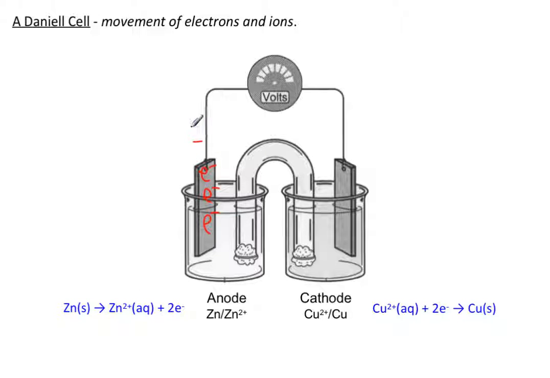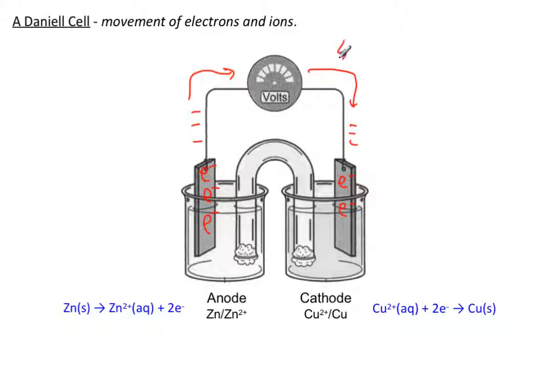And so they can then move through this conducting wire, and they end up moving to the copper solid cathode. At the cathode, reduction occurs, but it's copper 2 plus ions in solution that are reduced. So Cu 2 plus plus electrons yields copper solid.